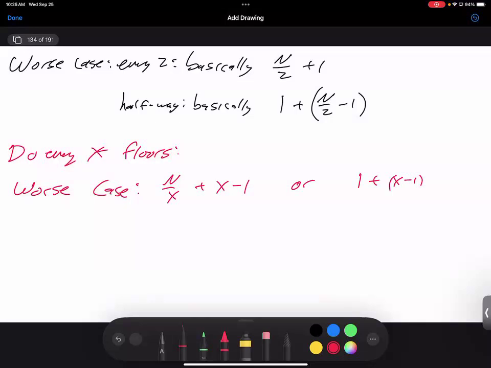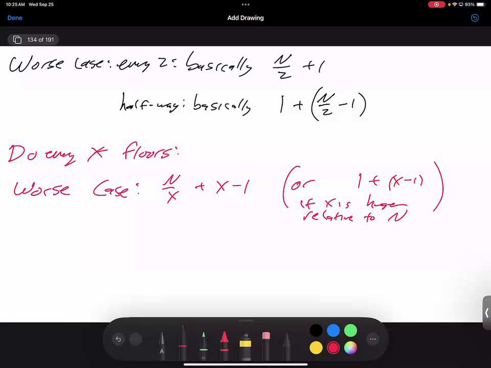So x should not be greater than n halves, because if we're doing it in jumps of x and x is like 90% of n, that's huge relative to n. We're not going to choose an x that's huge relative to n.